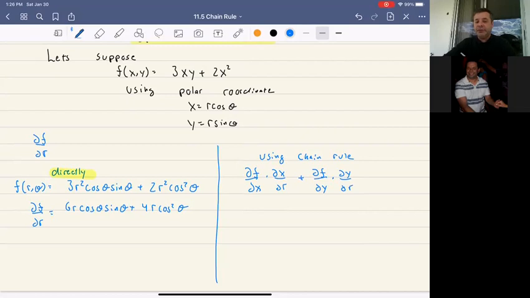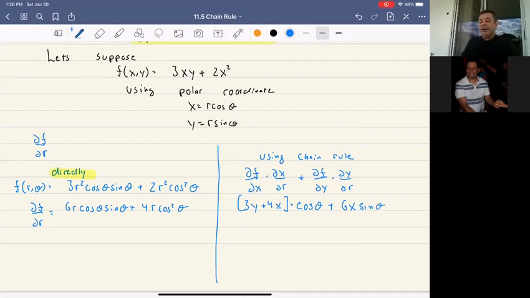So what's the partial of f with respect to x? That's going to be 3y plus 4x, times the partial of x with respect to r, which is just cosine theta, plus the partial of f with respect to y, which is going to be 6x, times the partial of y with respect to r, which is just sine theta.